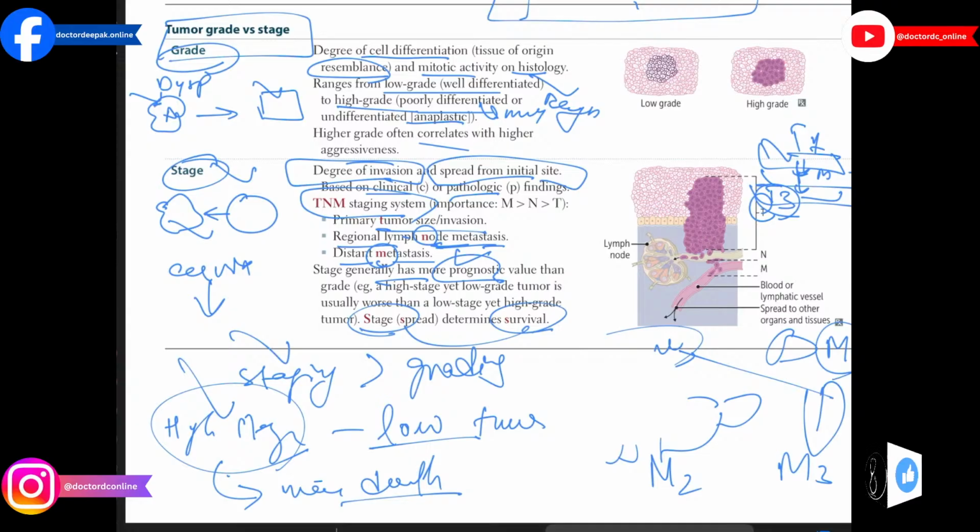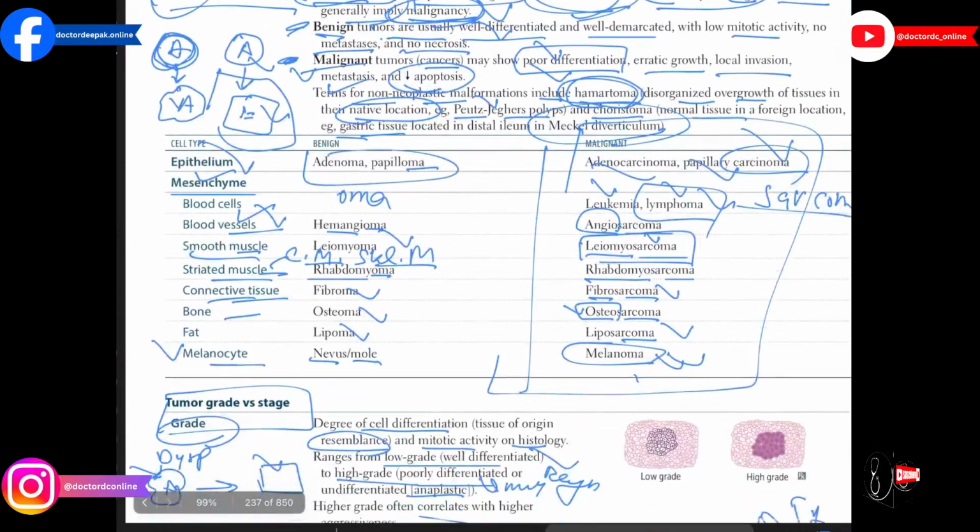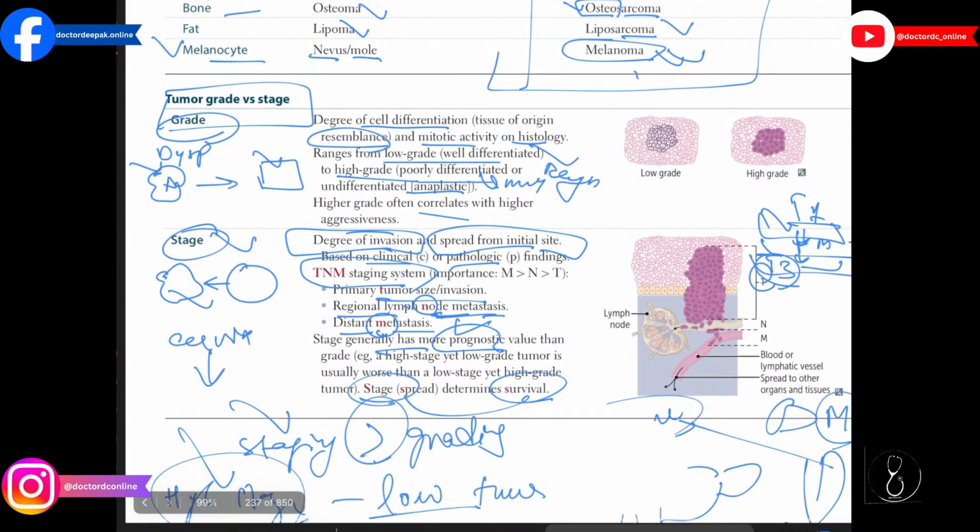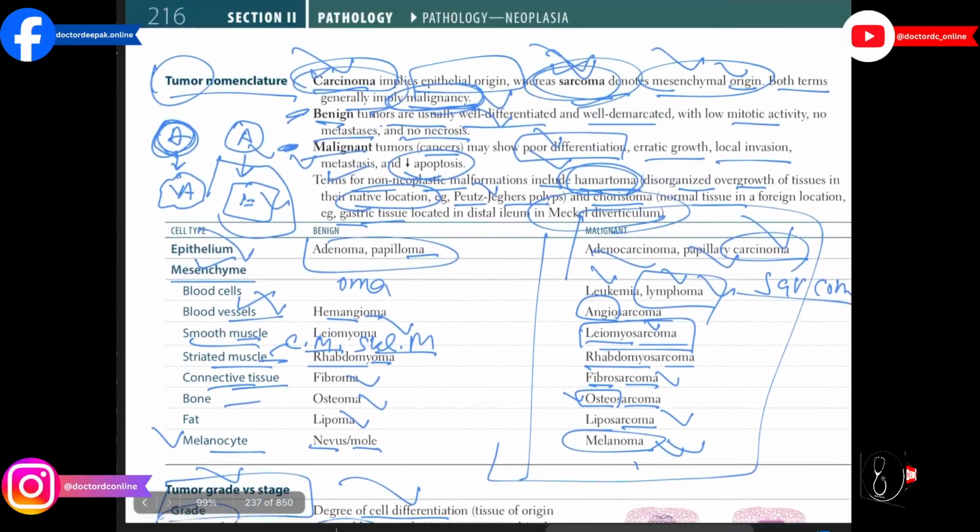So the staging is more important than the grading because it gives the prognostic value. To summarize, grading means the degree of cell differentiation, how it resembles the normal tissue, and staging means how much the cancer is invading and spreading from the initial site to other organs at other sites.